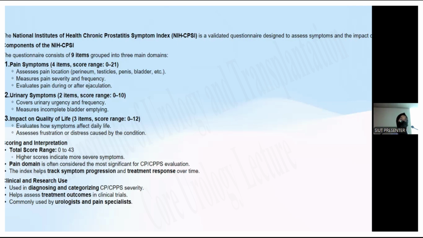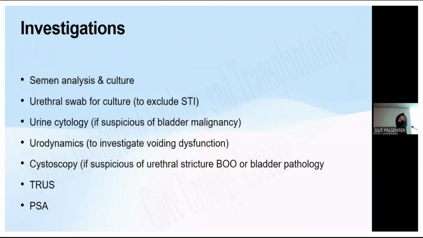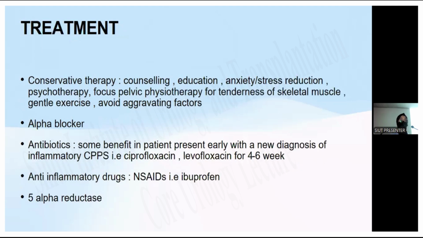There may be evaluations of the lower abdomen involving the reproductive organs, and multiple different teams may be involved. A semen analysis and culture is also considered along with the urethral swab, a urinary cytology if there is suspicion of malignancy, urodynamics to investigate voiding dysfunction, a cystoscopy, and even a TRUS or PSA is also considered.